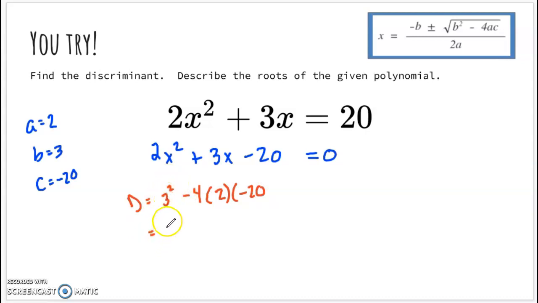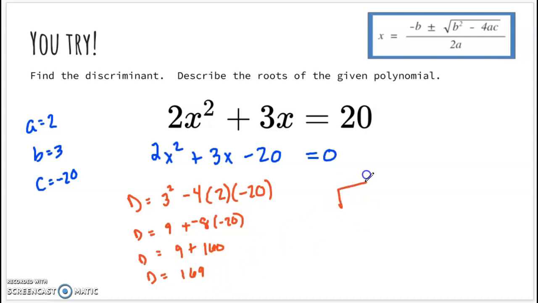I'm going to do my exponents. 3 squared is 9. 4 times 2 is 8 times negative 20. Well, 2 negatives, I can keep that minus with my 8. 2 negatives multiplied to make a positive. So 8 times 20, that gives me 160. That gives me 169 when you add 9 to it.